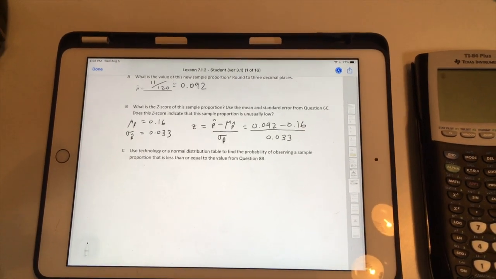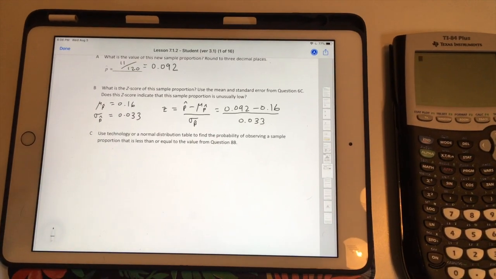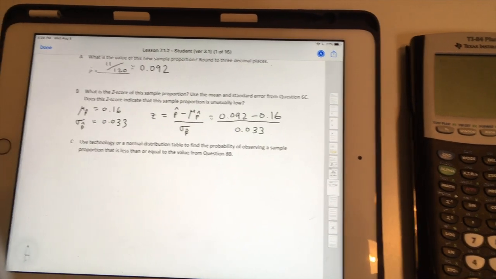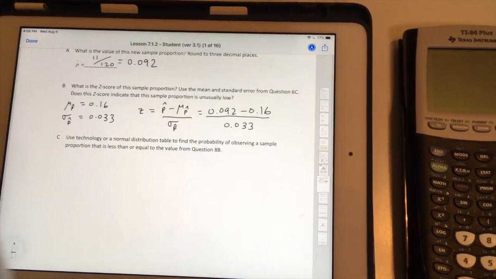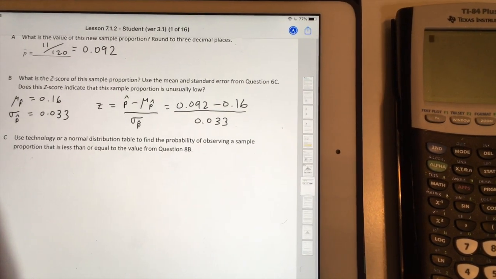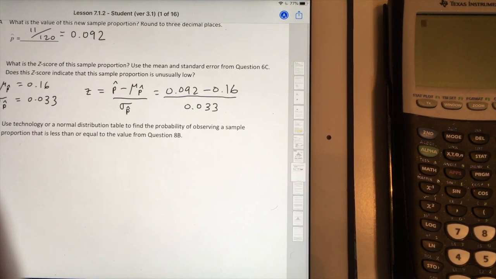This last part is going to have some heavy calculator usage, so I want to demonstrate with the calculator. Part B isn't so difficult, but Part C is definitely going to use more calculator stuff. Let's finish up Part B. We want to do 0.092 minus 0.16 divided by 0.033.